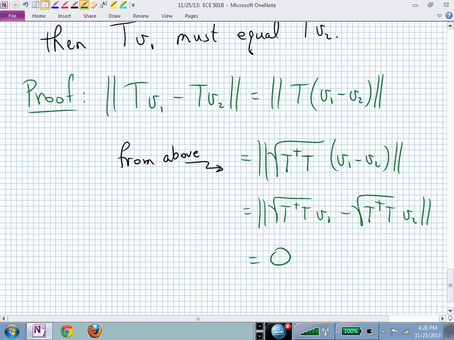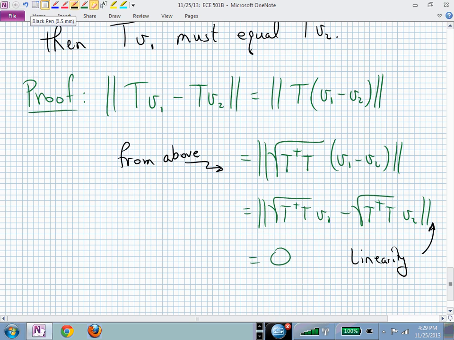So if the hypothesis of our first statement is true, then this is 0, and now we've just concluded that that norm is 0. So that now we do have that from linearity, and from the hypothesis of our statement, we are guaranteed that that's 0.